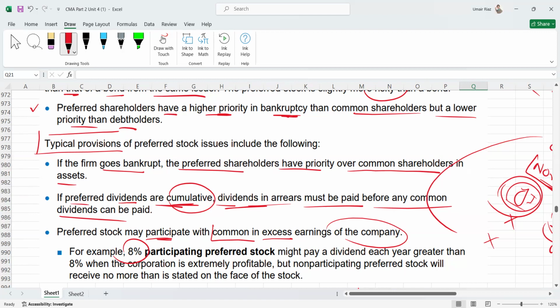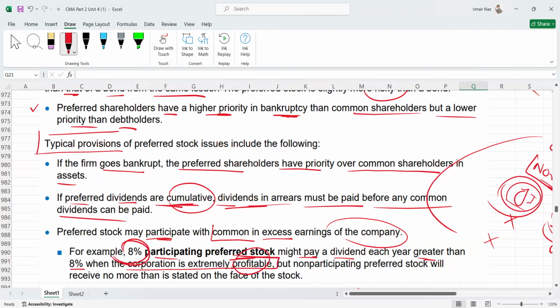For example, an 8% preferred stock might pay a dividend each year greater than 8% when the corporation is extremely profitable. So 8% is the amount of dividend which we will pay, but if the company is earning higher profit, maybe we can share some profit with the preferred stockholder.